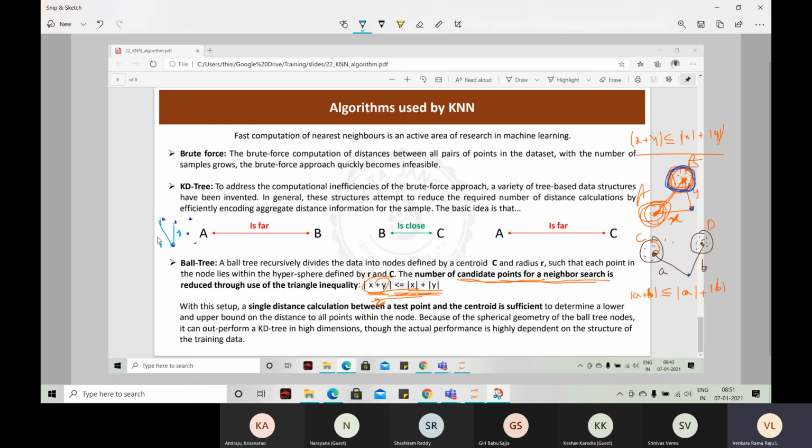This is a negative value, this is positive, like that. So you take X and Y: 3 minus 2 is less than or equal to 3 plus 2. It's going to be less, only 1.